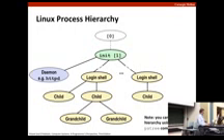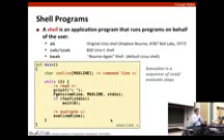It's possible that that process may create other child processes. So a shell is an application program, no different from any other program, that executes programs on the behalf of users.